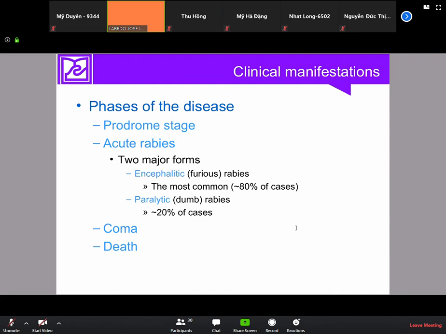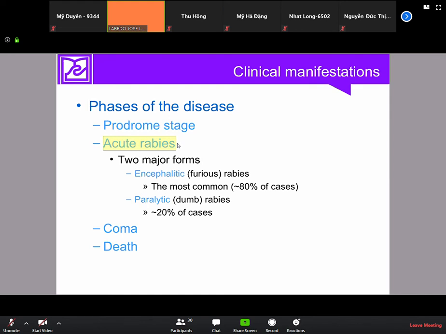So what is rabies? Rabies, this is not microbiology, this is clinical medicine, but I have to tell you something. You will study next year in internal medicine that rabies has different stages. We are going to focus on acute rabies.